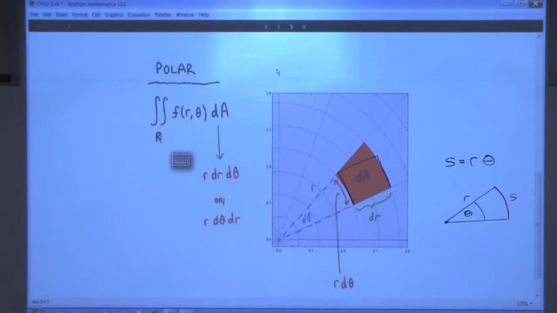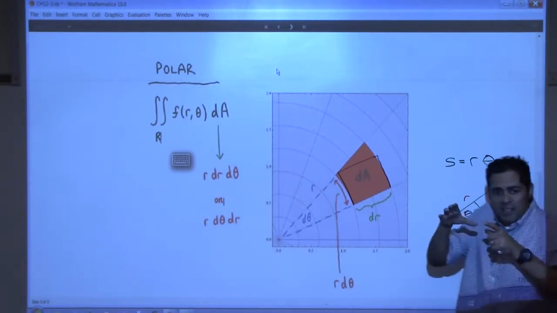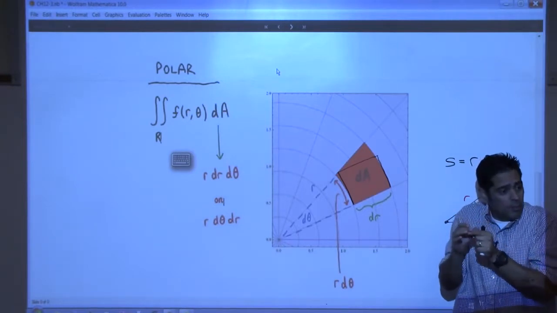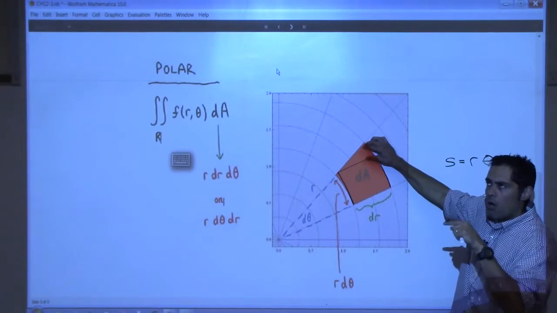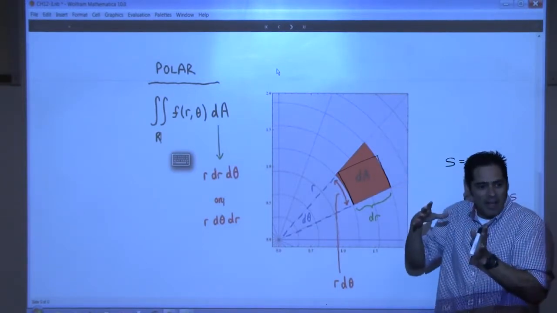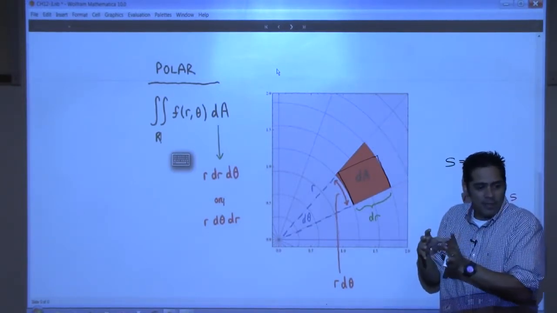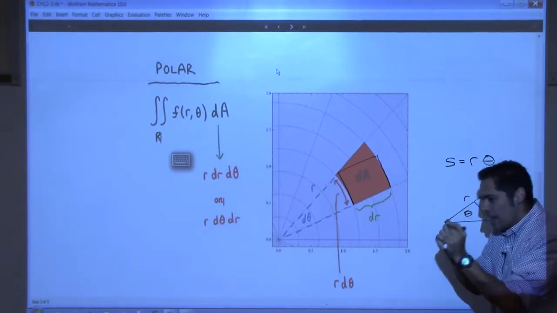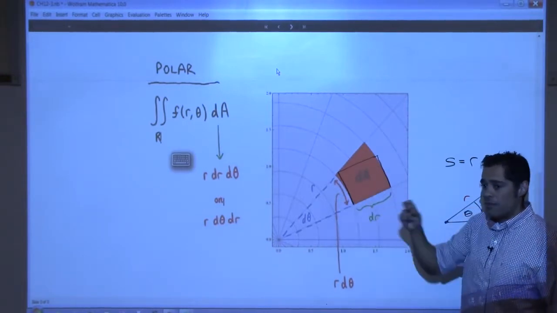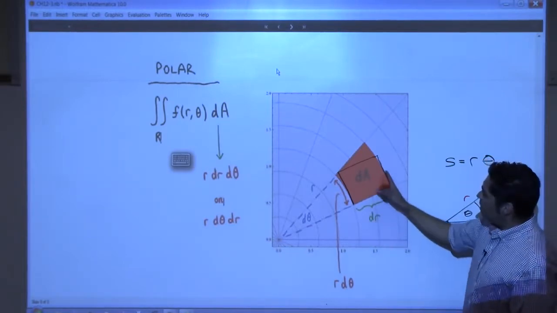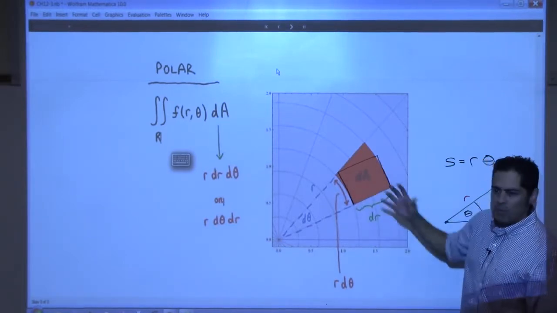Now it's not perfect, we have some error in there. But as this gets infinitesimally smaller and smaller, doesn't this error basically go away? So in the infinitesimal, this error is negligible and in fact goes to 0. So if we can just find a formula for that, we'll be good.